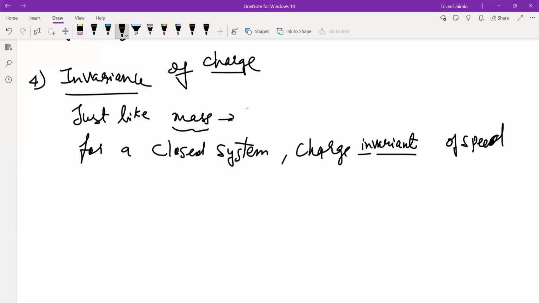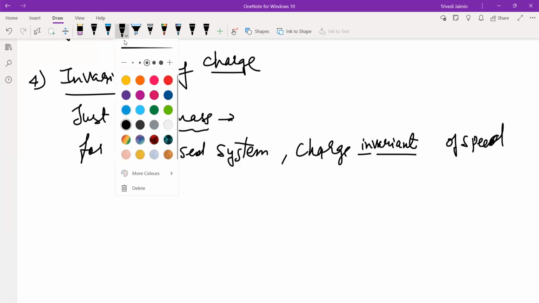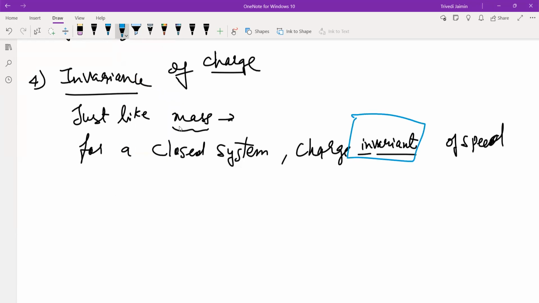So underline this word, invariant. Charge is invariant of speed, never change. If you want to write here, never change. Okay? Yes, sir.